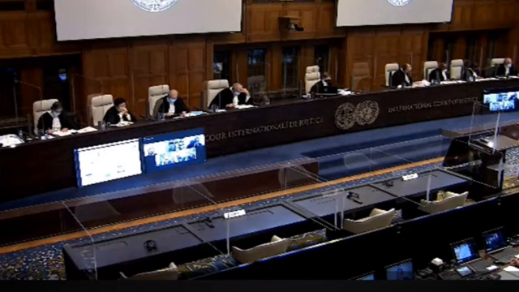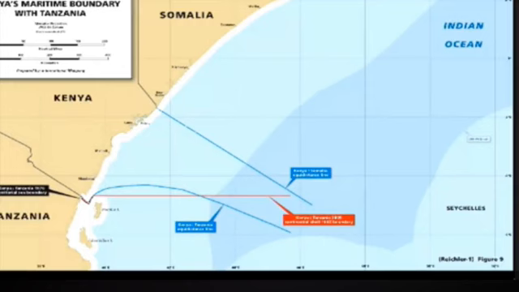Kenya claims that the combined effect of an equidistance-based boundary with Somalia and its own 2009 boundary agreement with Tanzania would be a cutoff of its maritime entitlements, especially in the extended continental shelf beyond 200 miles.